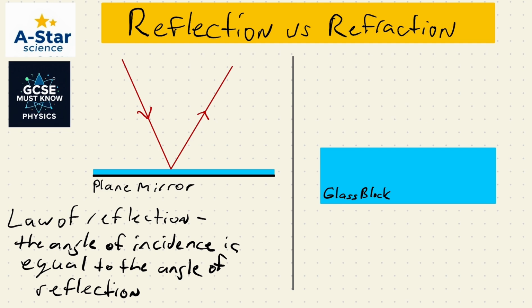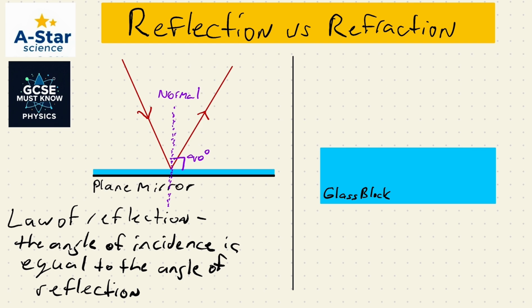If we drew an imaginary line straight down, and I'm using a dotted line in this case, imaginary line straight down the middle of where the light ray comes out. This is called the normal. And it's done at a right angle to the surface. Okay, a right angle is 90 degrees.